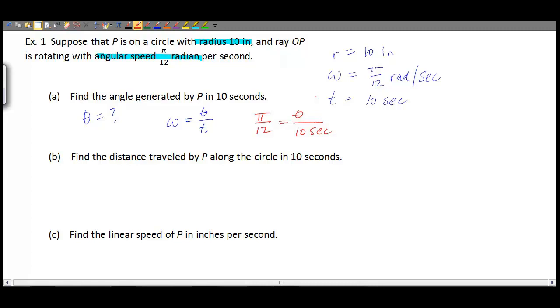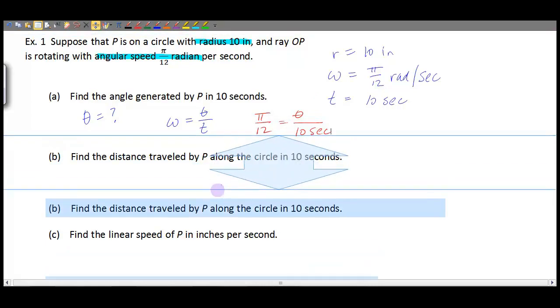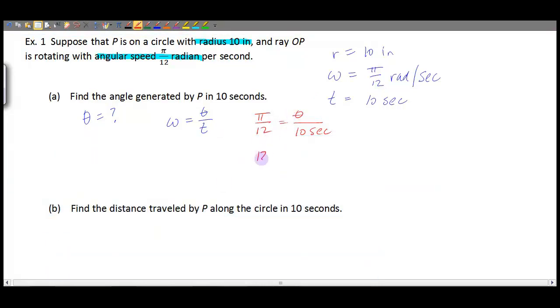When I cross multiply, I get 12 theta equals 10 pi. Divide both sides by 12. Theta would be 10 pi over 12, or reducing that fraction, 5 pi over 6, and this is in radians. Now we have figured out what theta is. I know R, W, T, and theta.